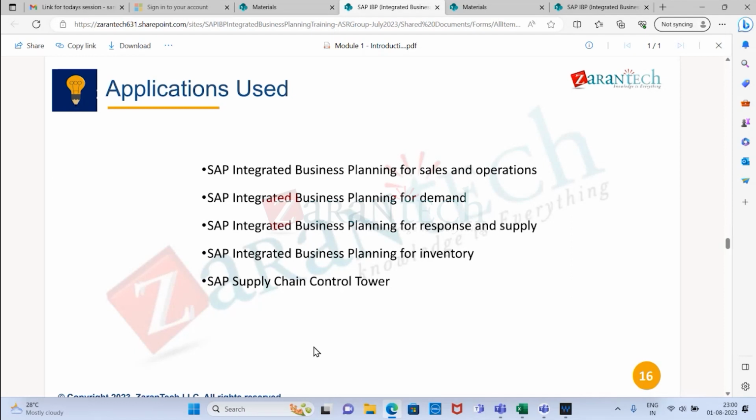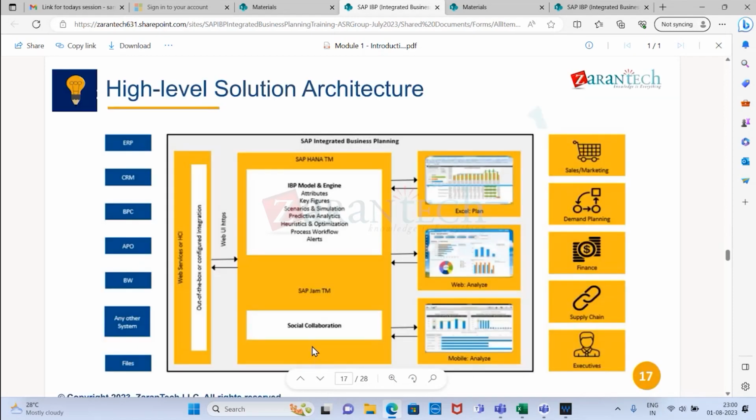These are the applications used within IBP, which are also part of the diagram. I think we have already gone through this in detail, so I won't go over it again unless you want me to run through it again.